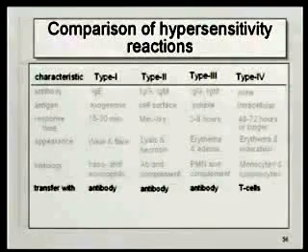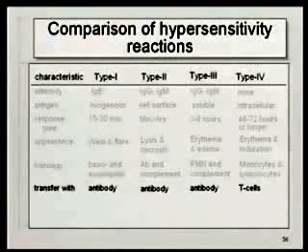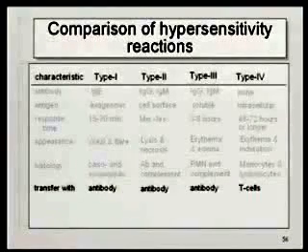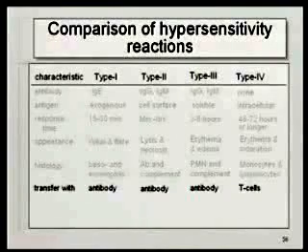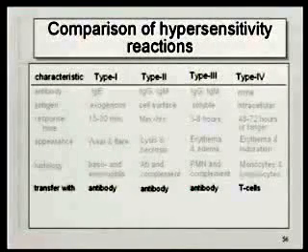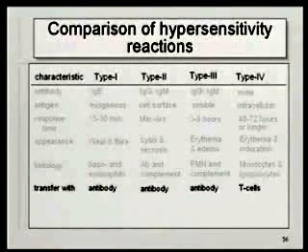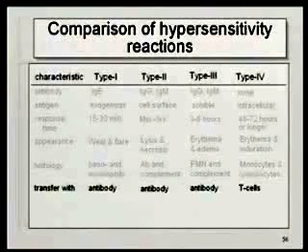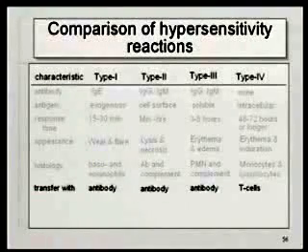If one were to transfer from one individual to another, not that we will do it in humans, type 1 hypersensitivity can be transferred by antibody. As a matter of fact, in the old days, there used to be a test, now abandoned, which depended on transferring antibody or serum from allergic patients to a normal volunteer and then testing the volunteer for reactivity in the local area where antibody was transferred.